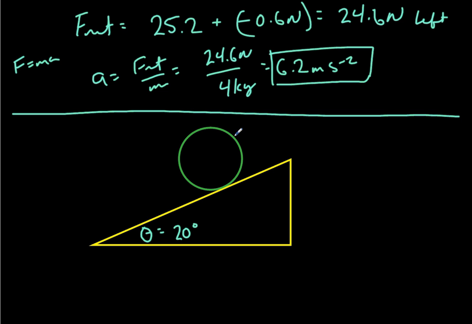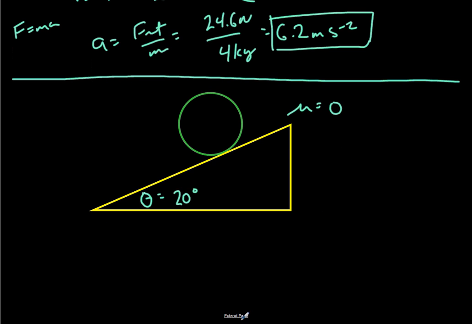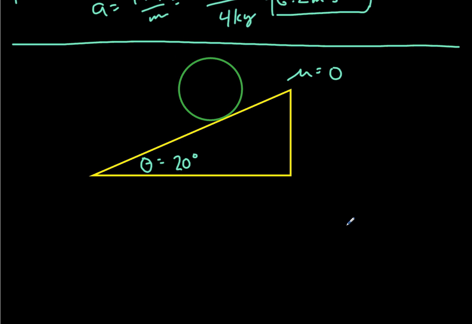If this ball is rolling down the slope at 20 degrees, and we say mu is essentially 0, it's not really 0, but we'll use our imagination that we have a very slick surface that provides very little to no friction, how would we go about finding the acceleration of this down the plane?